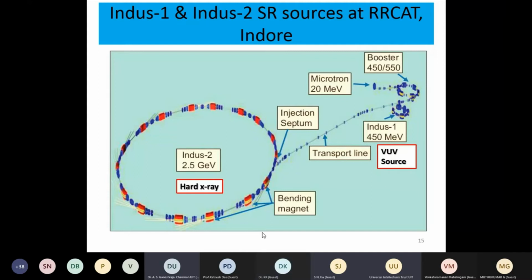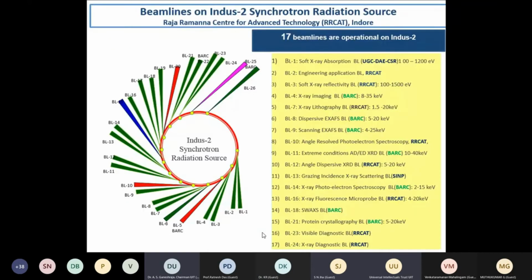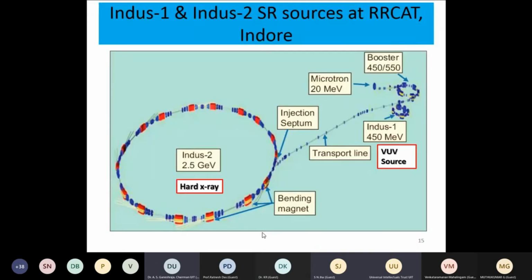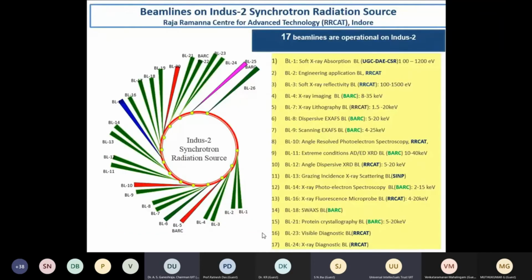So this is the view graph of the Indus facility, as you already saw in this video clip. Now I go to the next slide where I have tabulated the various beam lines set up at Indus 2.